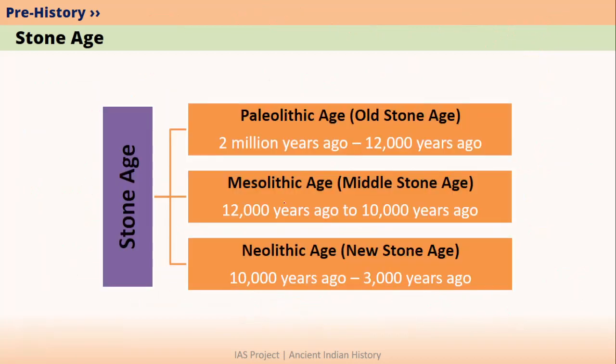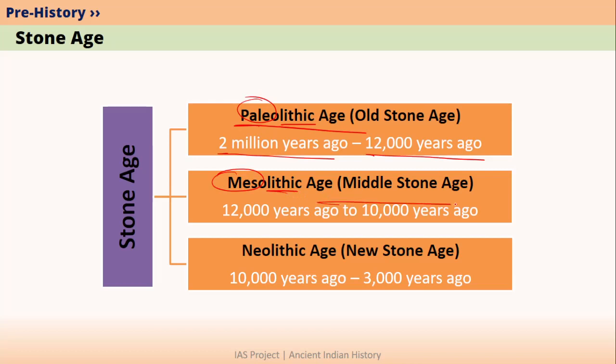Now we have talked about this. Stone Age can be divided into 3 parts. The first is Paleolithic Age, which is also called Old Stone Age because Paleo means old, Lithic means stone. And Paleolithic Age started somewhere around 2 million years ago in India and it ended nearly around 12,000 years ago. Mesolithic Age, Meso means middle, Lithic is stone.